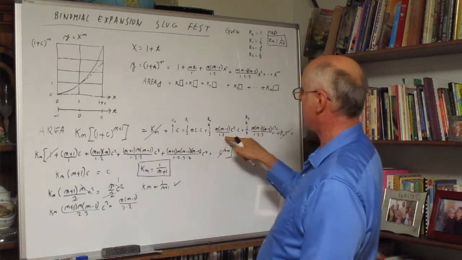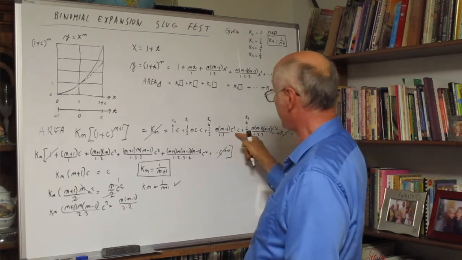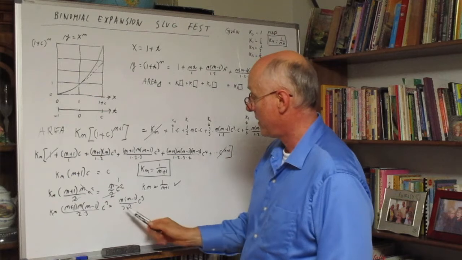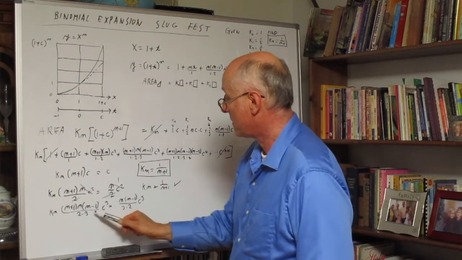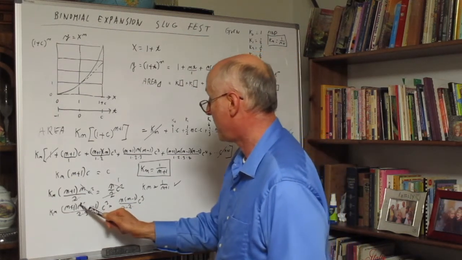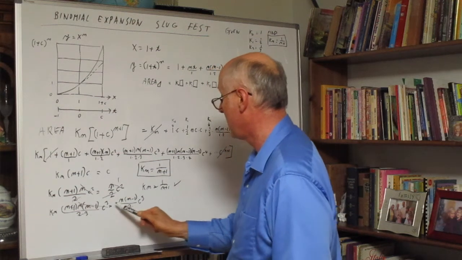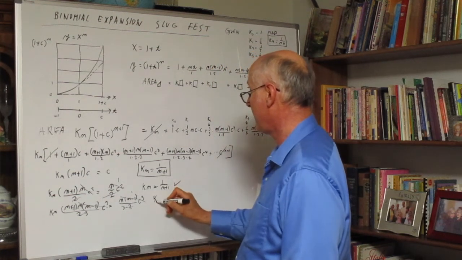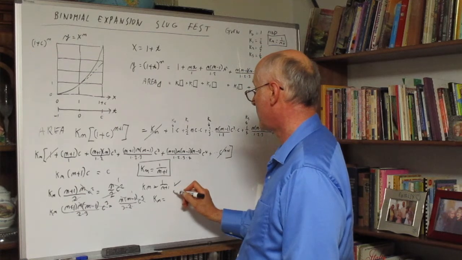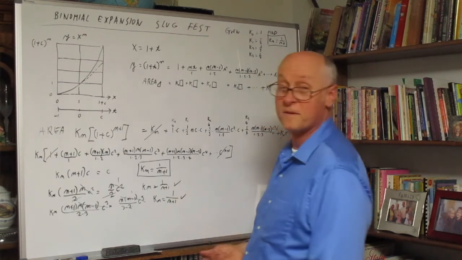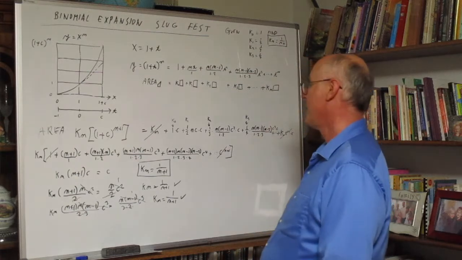There's 1/3 and there's 2, and then c to the third. Well, look at that. This cancels. These cancel. And what have you got? K sub n equals 1 over n plus 1. Redundant information. Let's keep going.